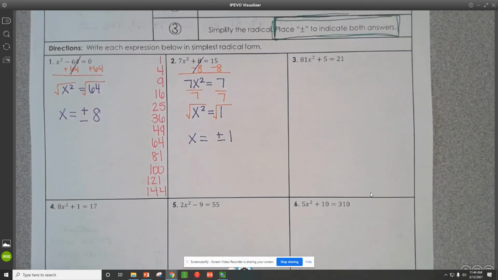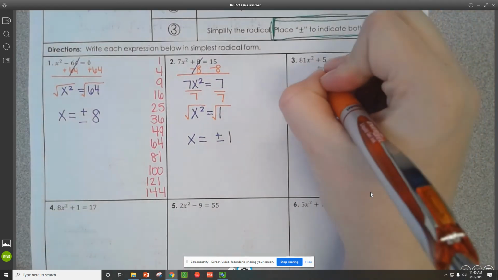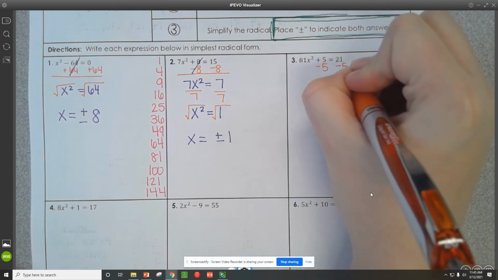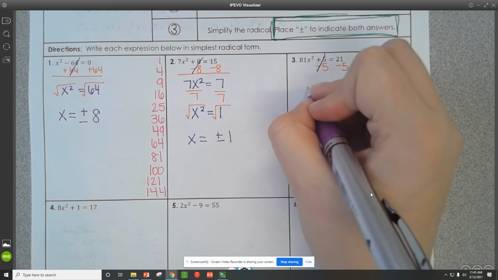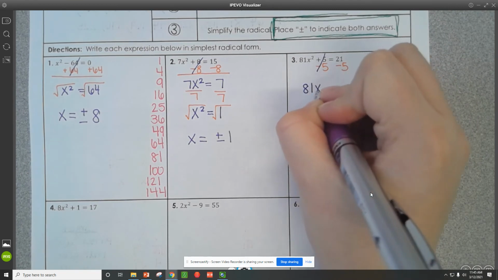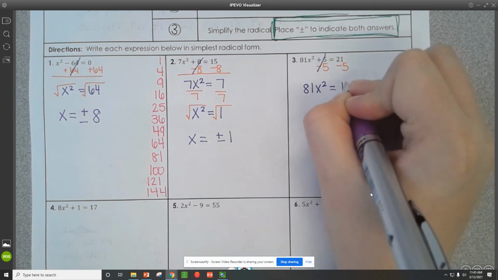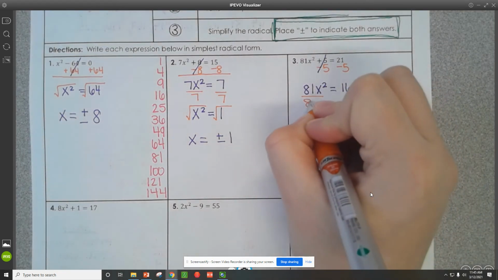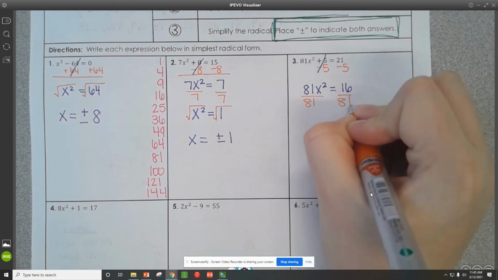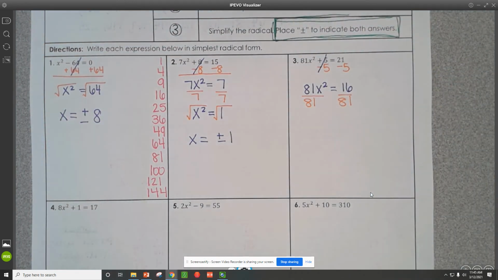Number 3, we subtract 5. Those cancel. 81x squared equals 16. Then we divide by 81. And you're going to be tempted to just type 16 divided by 81 in your calculator and get a decimal.